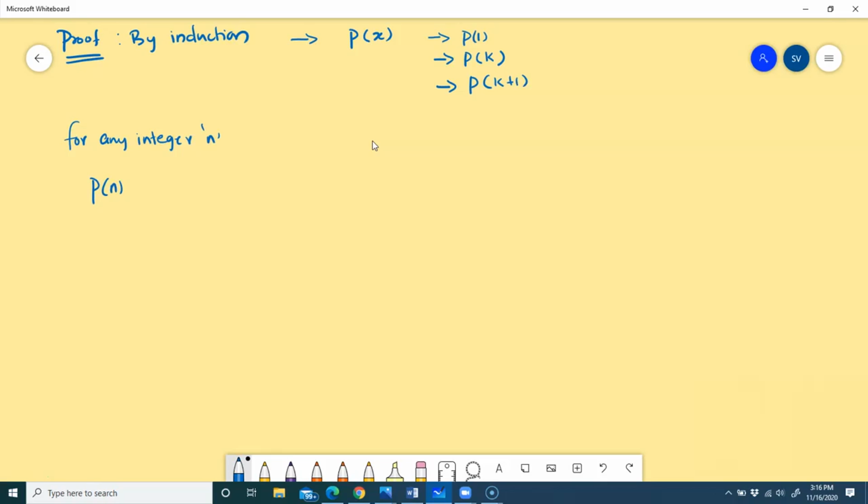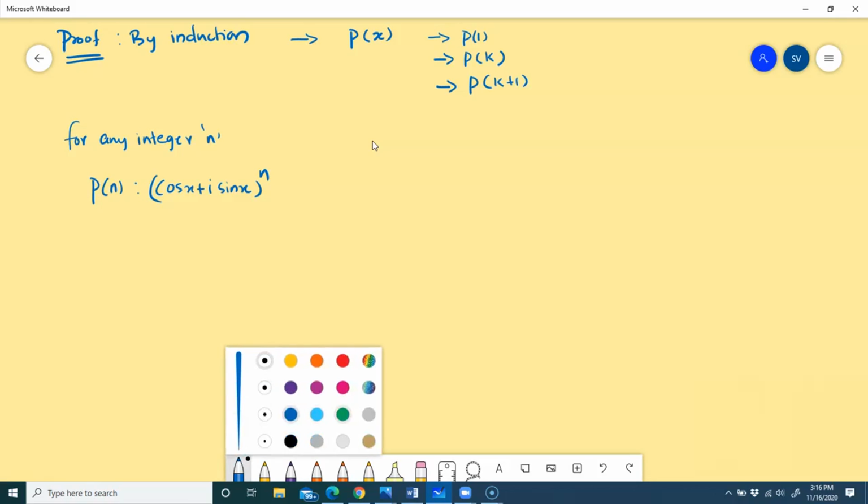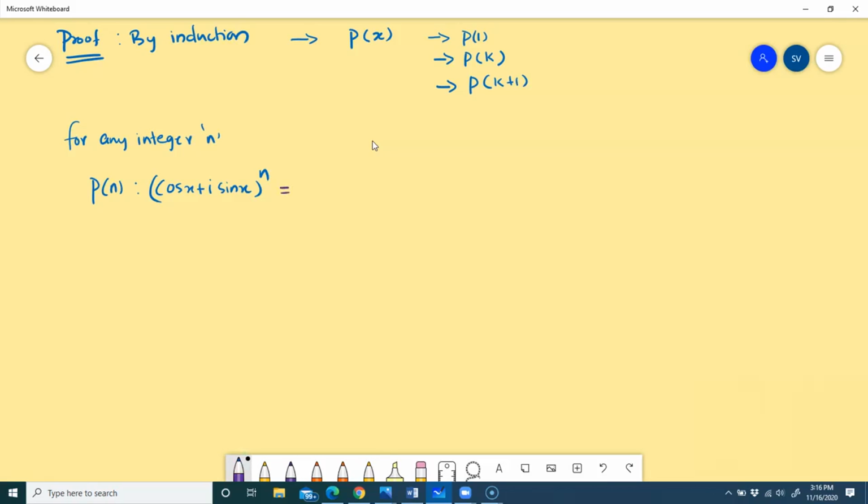What is P of n? P of n is (cos x plus i sin x) raised to n, which is equal to cos nx plus i sin nx. So this is what we need to prove.